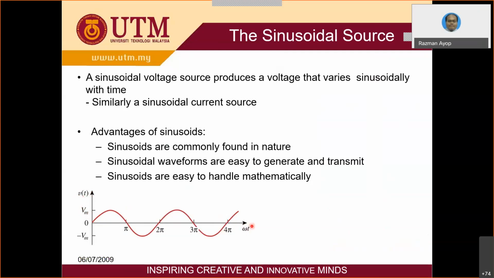And this is Wt if you use radian per second. If you use time, you can put it like this: T over 2 and T. T means period. T over 2 is half period. So make sure you know how to differentiate this and this.